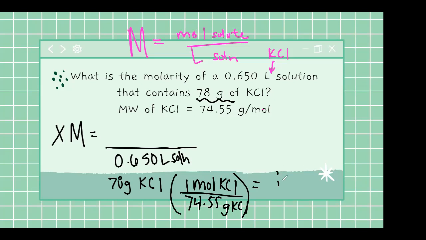And you get 1.0, right? 1.0 because there's only 2 sig figs, okay? Because it's 1.04. Okay, I'm gonna be more careful now. So 1.0 moles of KCl, which is the solute, and then you can just do it in your calculator. 1 divided by 0.65.